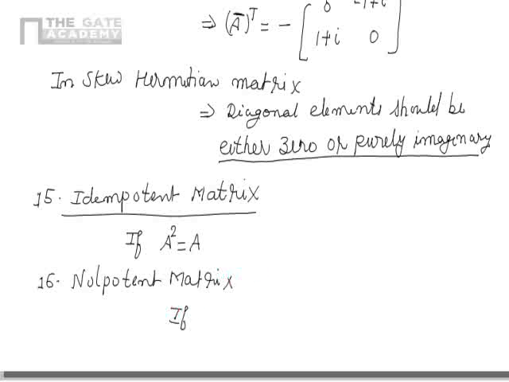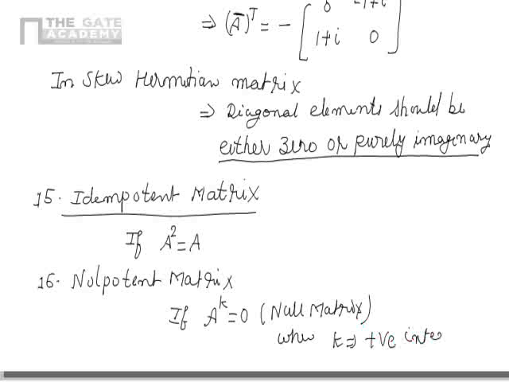If A to the power k is equal to 0, where 0 means null matrix and k can be any positive integer, for example A square is equal to a null matrix or A cube is equal to a null matrix, then this kind of matrix is called a nilpotent matrix.